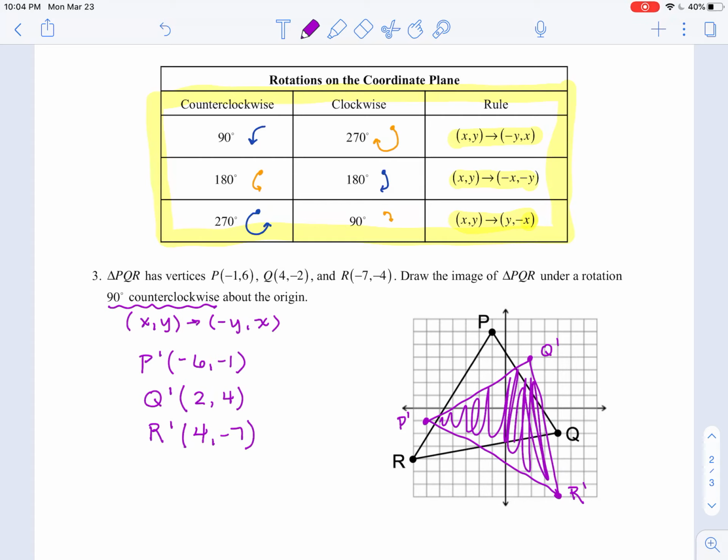Hopefully you're using a ruler at home on your piece of paper so your triangle will look a little bit better, but you get the idea. And again, triangle PQR and triangle P prime, Q prime, R prime are congruent because a rotation is another type of isometry.